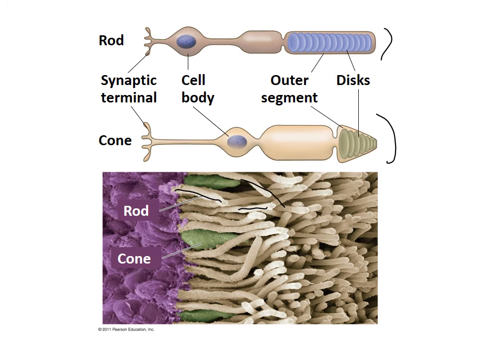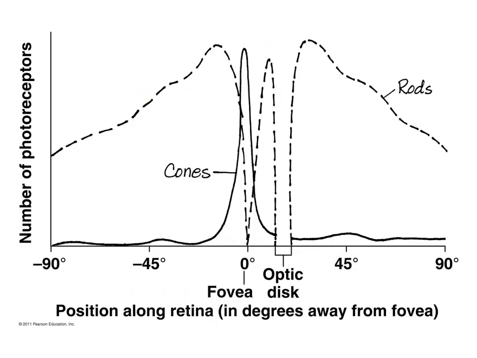So let's look at them in a little more detail, and let's see where they are in the retina. We have an awful lot of cones. If you look at the number of photoreceptors, the number of cones increases as you get to the fovea, which is the part that sees the most.